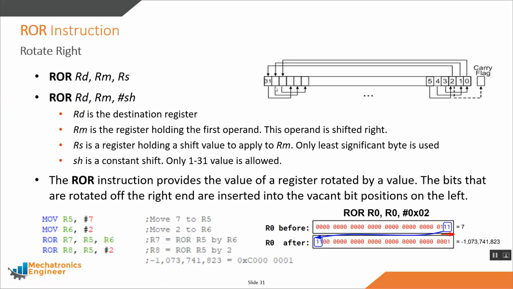Rotate right instruction provides the value of a register rotated by a value. The bits that are rotated off the right end are inserted into the vacant position on the left. It has the same syntax as other shift instructions. So let's execute an example on an actual microcontroller.